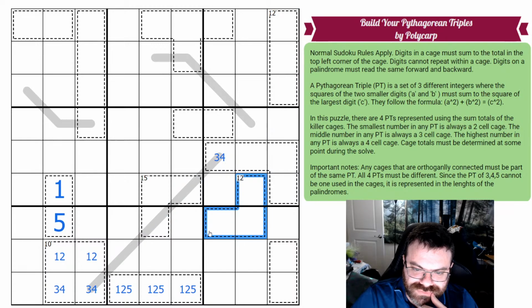Two of them involve 12 as the center, and one involves 15 as the center. So this can't exceed 14.